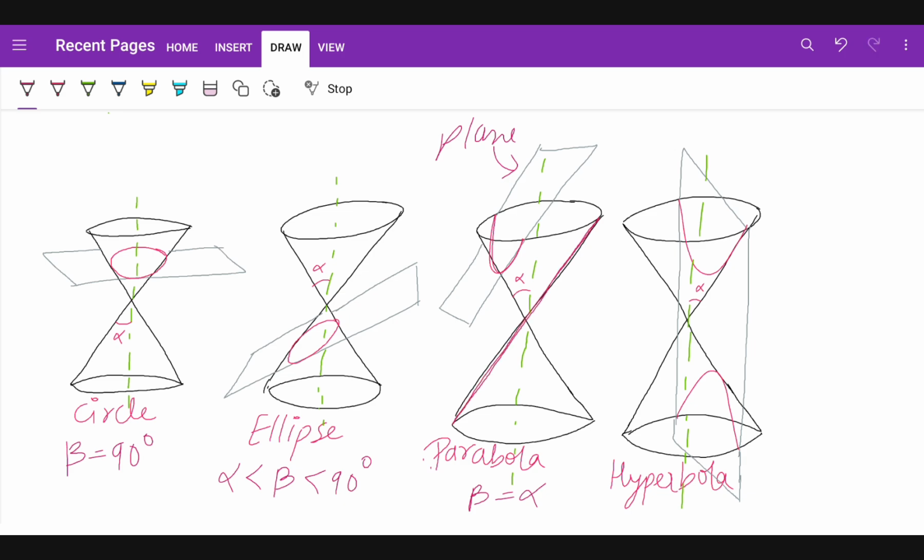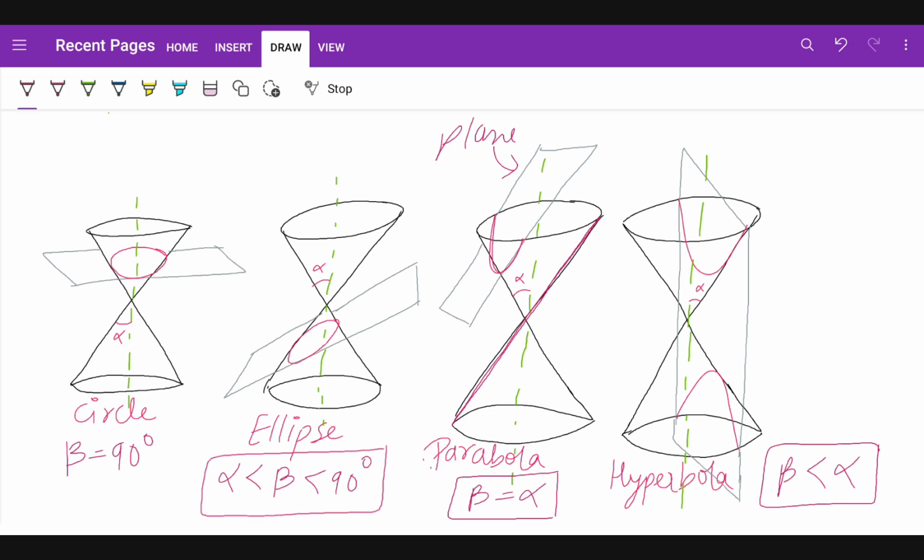It will never cut both the cones. Now for the hyperbola, we have beta less than alpha. If beta is less than alpha, it will cut both parts of the cone, and it will generate a hyperbola type figure. Yes, it is definitely the hyperbola.